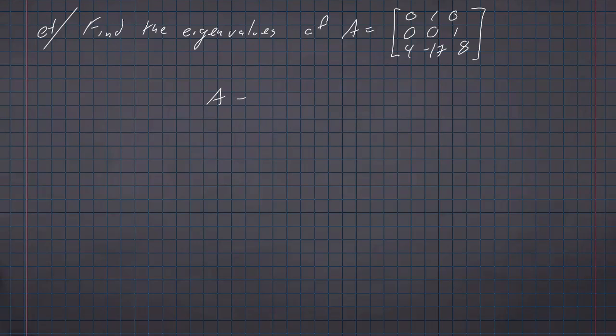The characteristic equation asks us to look at the matrix A minus lambda I. And since A is a 3 by 3 matrix, that means we want the 3 by 3 identity matrix.